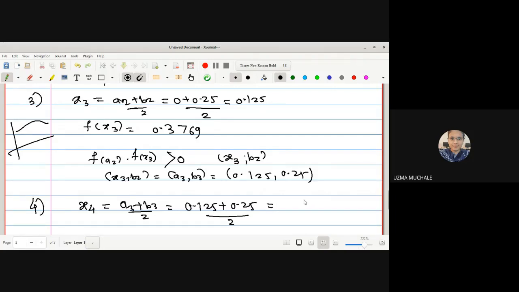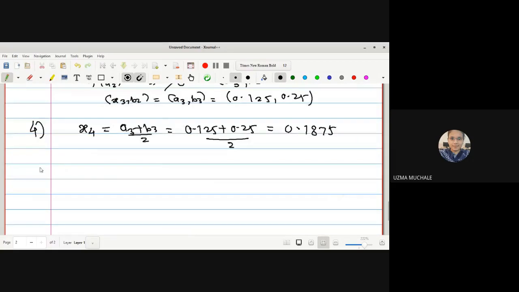The value of x4 we can have is 0.1875. Are you getting the same value? Yes, ma'am. Now calculate f of x4 and then check the value of f of a3 into f of x4 and tell me whether it is less than 0 or greater than 0.